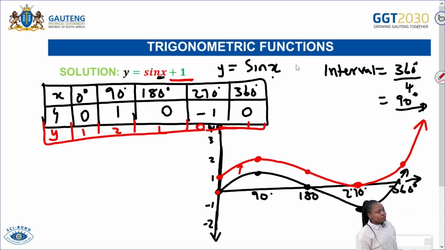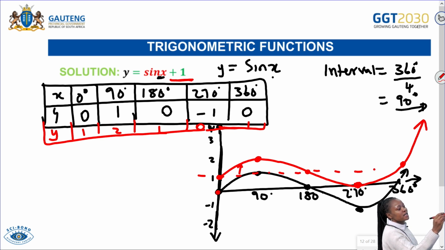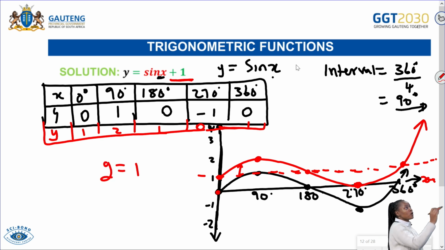And then also, when you are looking at this value of y, y equals 1, you can look at it as the new x-axis. So you had your x-axis here. Now your graph is turning at y equals 1. So you can take y equals 1 as your new x-axis, ne?